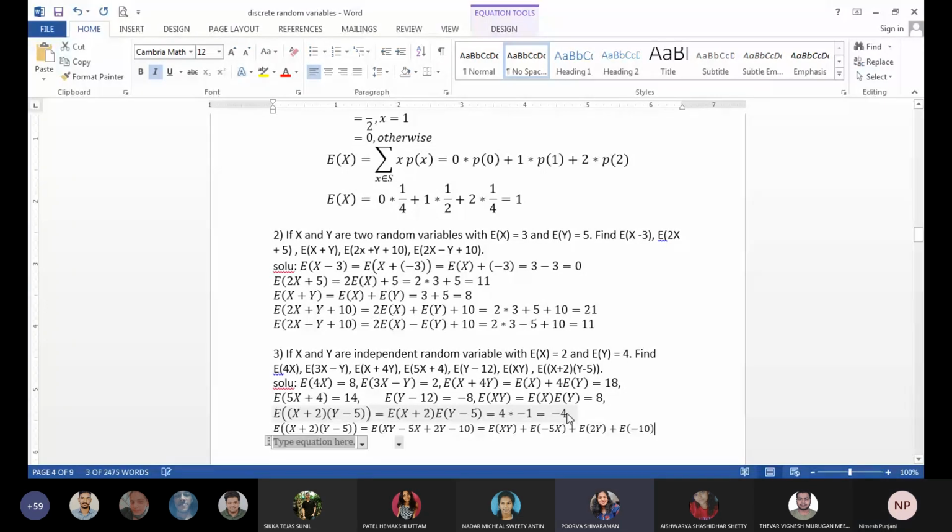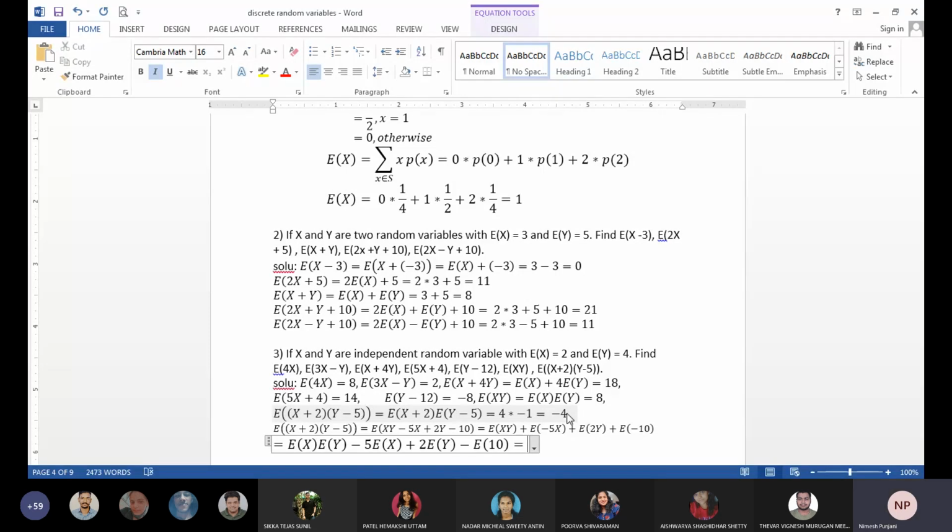Yes sir. So now this will give me what? Expected value of x into expected value of y minus 5 times expected value of x plus 2 times expected value of y minus expected value of 10.